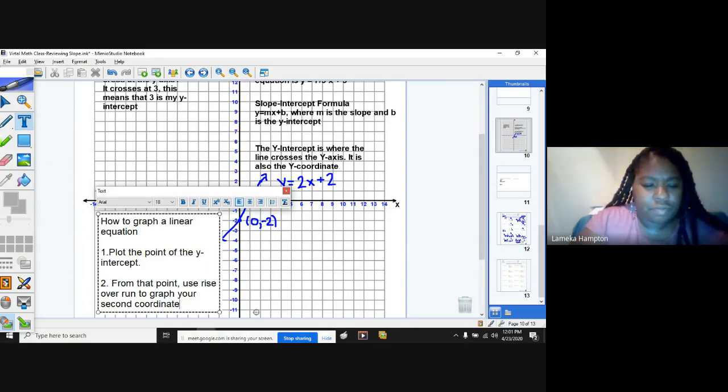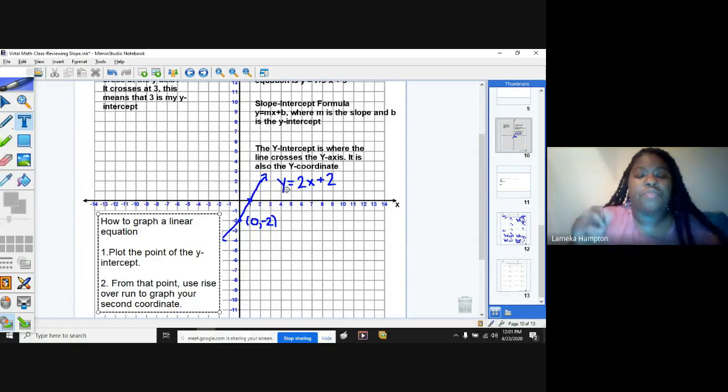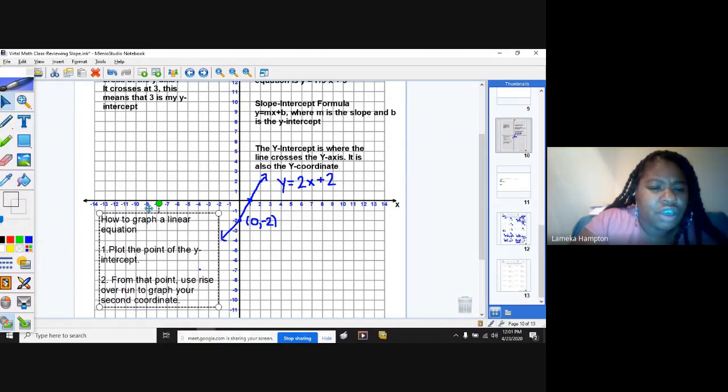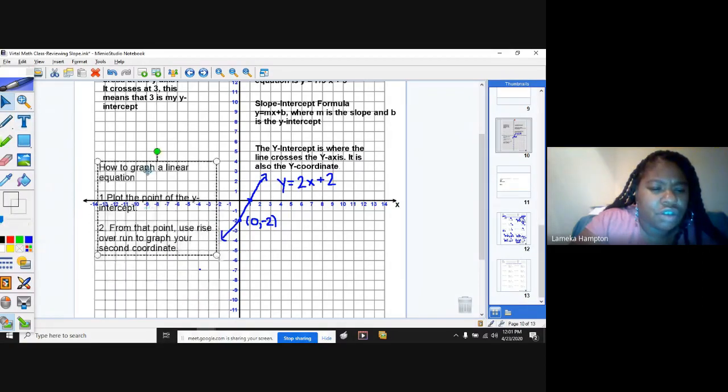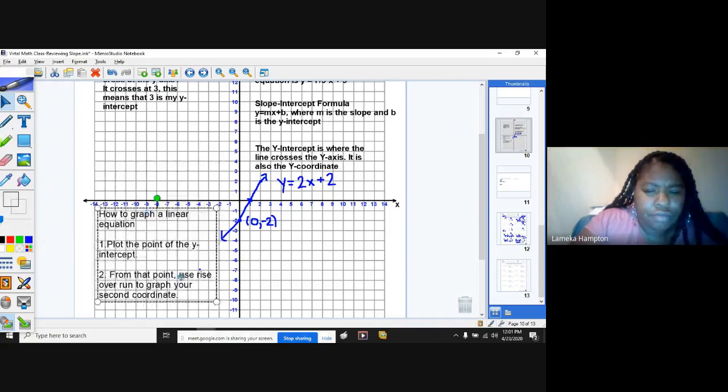And then you connect the dots. So that's really all you're doing. You're plotting points and connecting dots. That's really all you're doing. So I'll go ahead and do it right there.